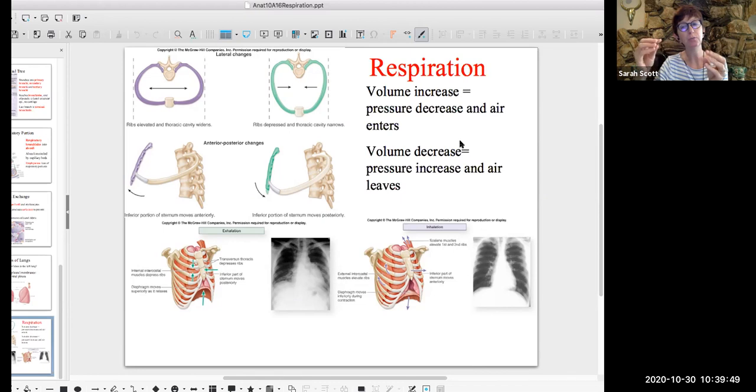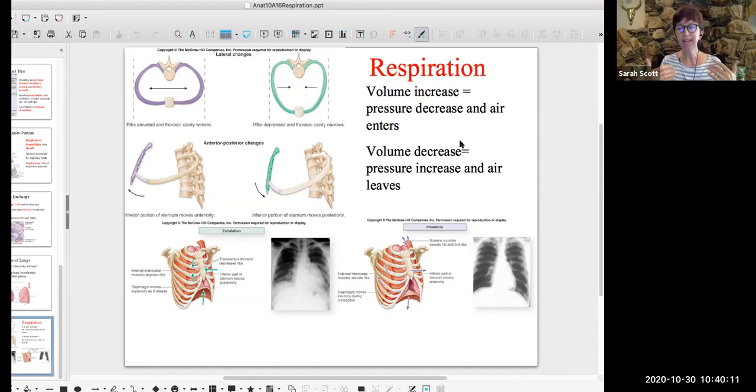The atoms are going to move farther apart from one another to fill that space. They're going to bump into each other less. So the pressure inside that space has gone down. The other way is true too. If I take a volume and I decrease it, I'm now pushing the atoms closer together, creating high pressure.